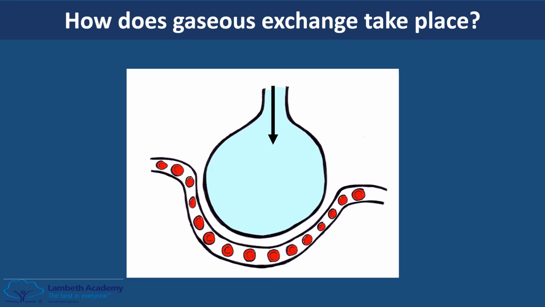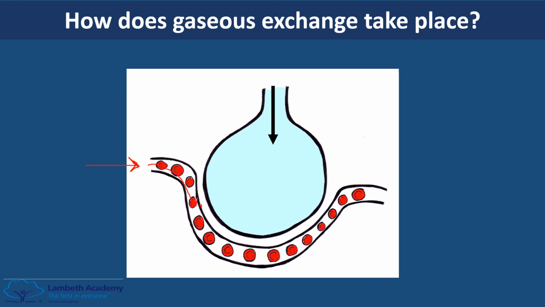So the first thing that I want us to look at is how deoxygenated blood is part of the process. Deoxygenated blood is travelling through the capillary. I'm going to use this little red arrow to symbolise the carbon dioxide. As it arrives at the alveoli, the carbon dioxide is going to diffuse through the very, very thin cell wall.